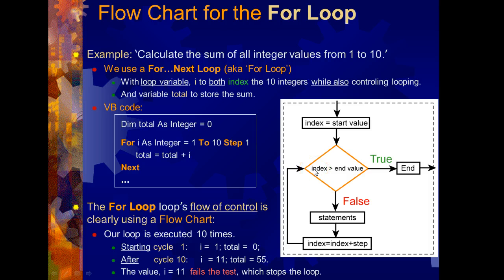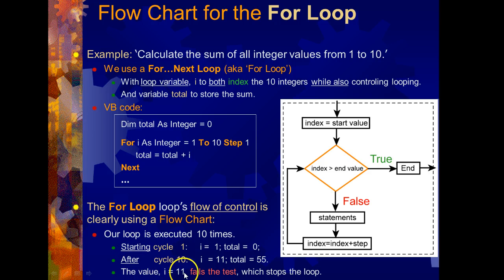This is the loop part. This is what we mean by loop. And we check now, is the index greater than the end value? I guess he could make this statement up here. Where was that? I forget where that was, but oh, here.